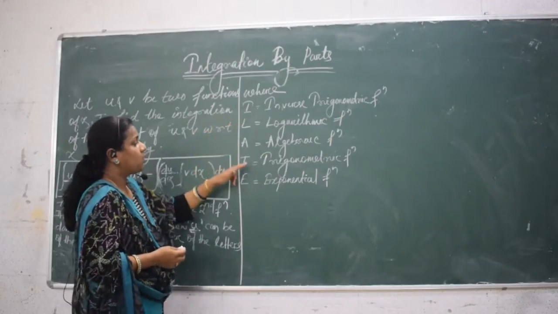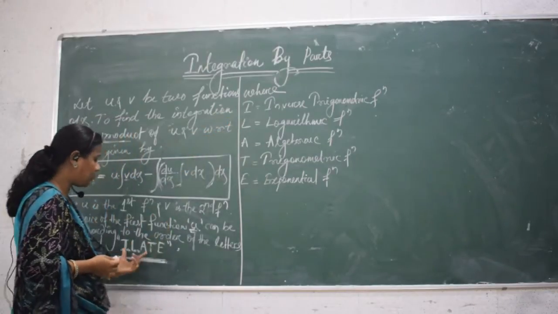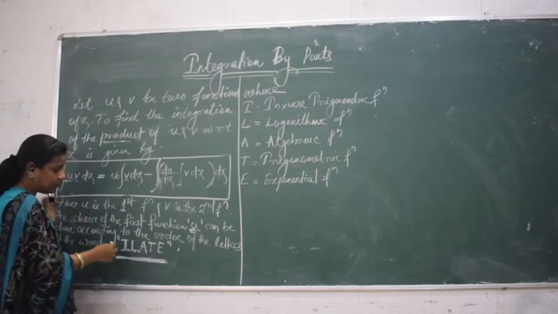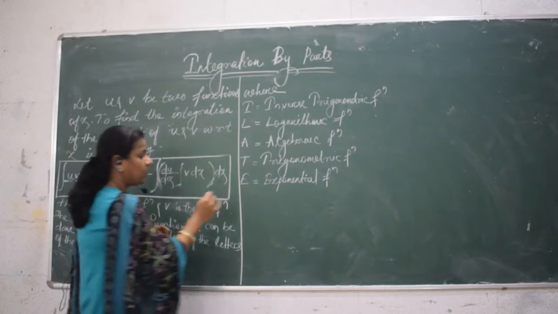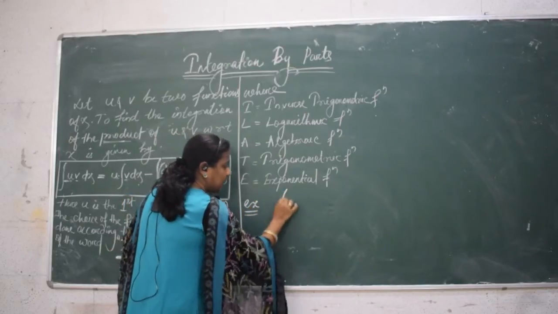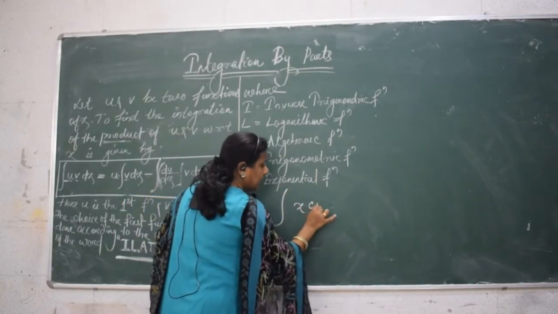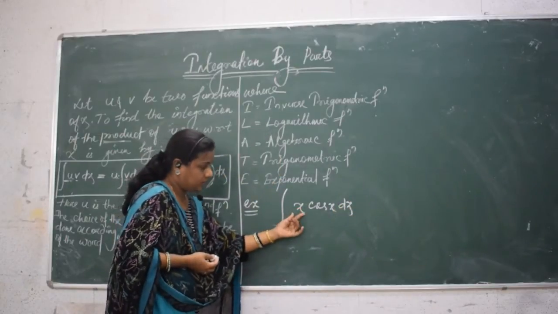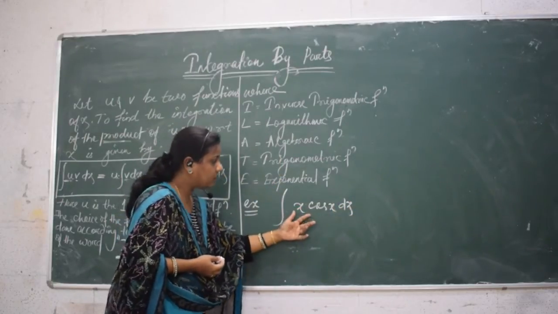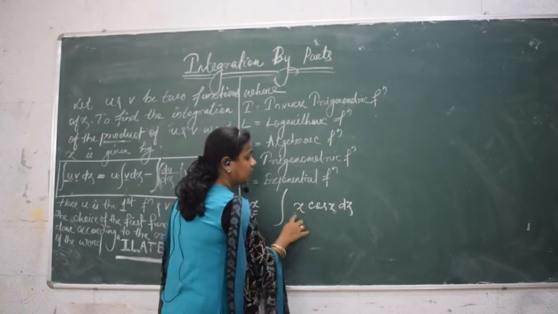So which function will come first according to this order? For example, if two functions u and v are there, say the integration of x cos x dx. Here the two functions are in multiplied form. How to choose u and v?